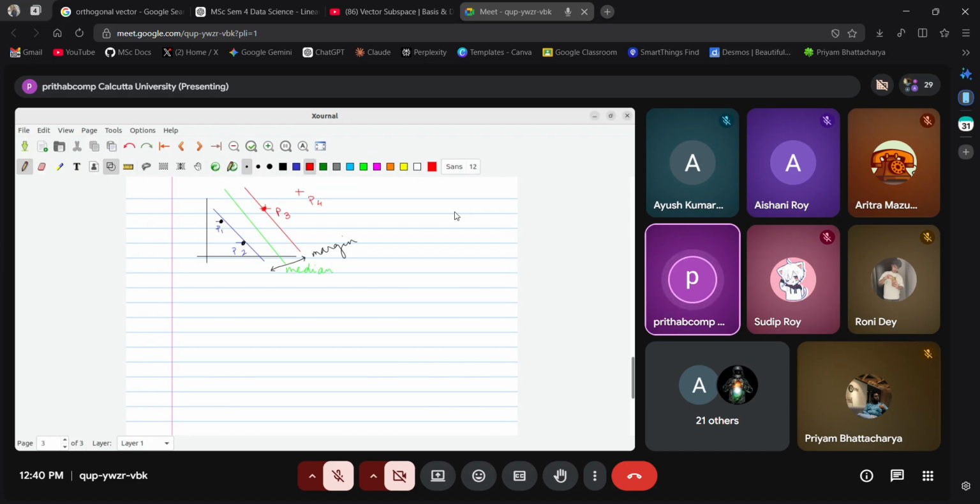P3 is this point, and this is P4. So this P1 is actually a vector. I'm calling it a vector U.